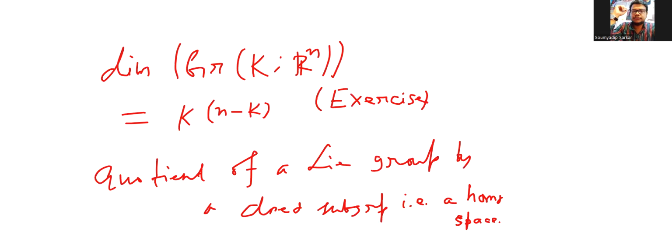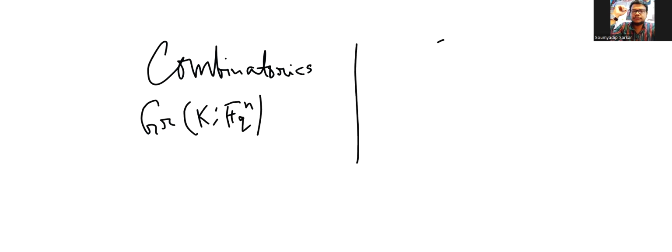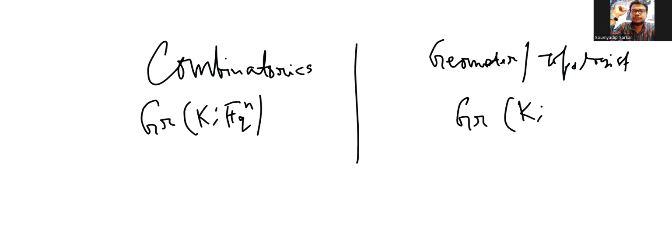So let me just conclude by summarizing what I've said. If you're on the combinatoric side, then you'd be interested in counting the cardinality of the set, which is itself a very interesting problem. And if you are a geometer or a topologist, then you'd be interested in objects like Gr(k, R^n).